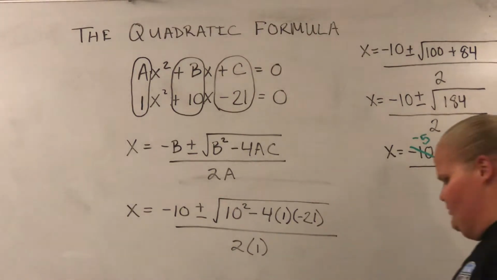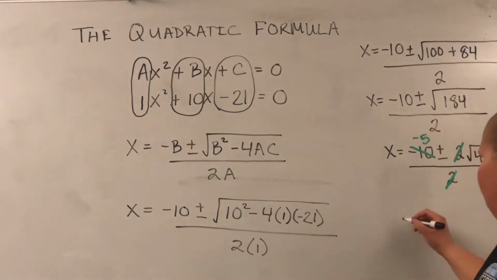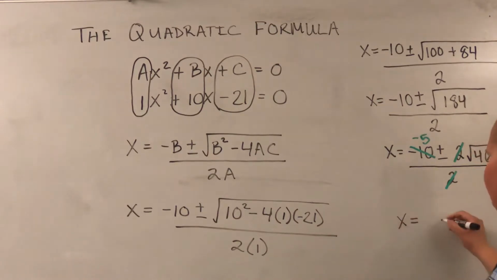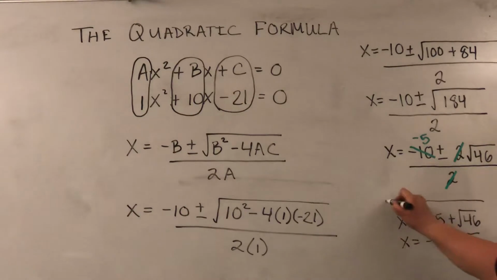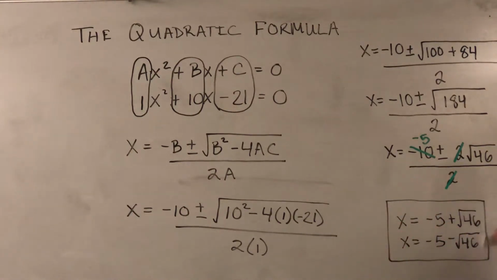So right now, my answer is going to be x equals negative 5 plus the square root of 46, or x equals negative 5 minus the square root of 46. These are my 2 possible answers. Again, the square root of 46 doesn't simplify any further, so that's where we leave it. We're going to move on to our second example.